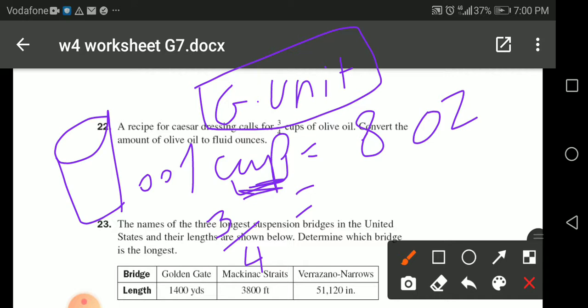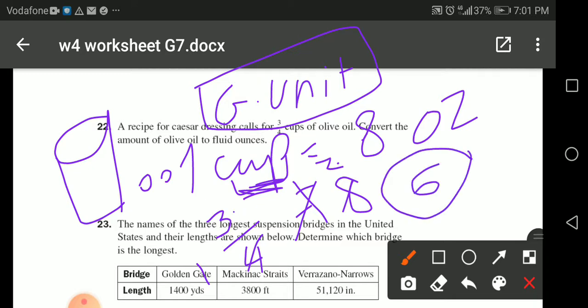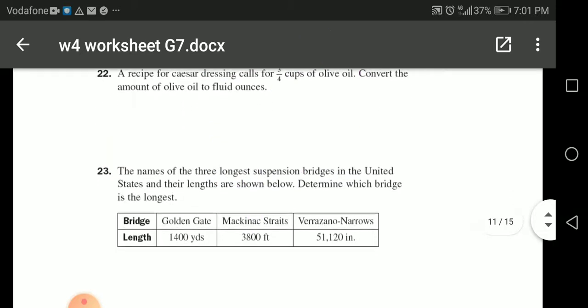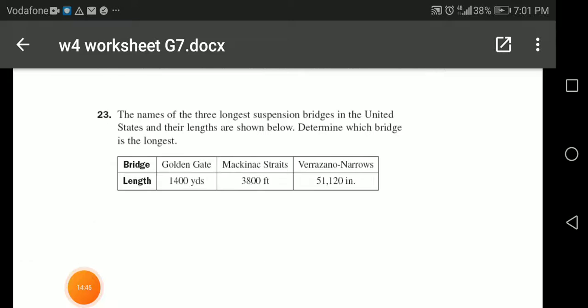So I'm going to multiply 3/4 times 8. 8 divided by 4 gives me 2. 2 times 3 is 6. So 3/4 cup is 6 ounces. 3/4 cup is what, guys? 6 ounces.